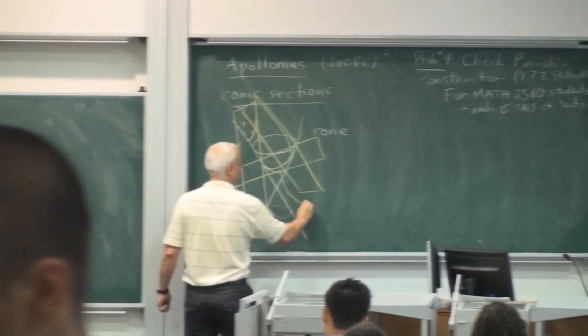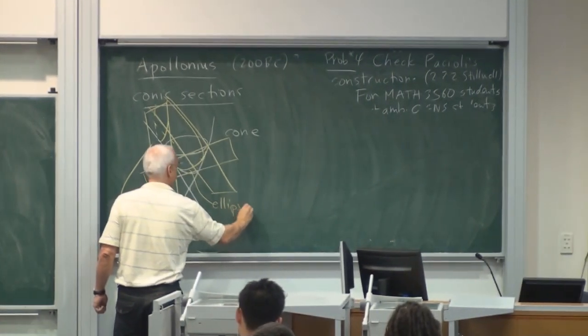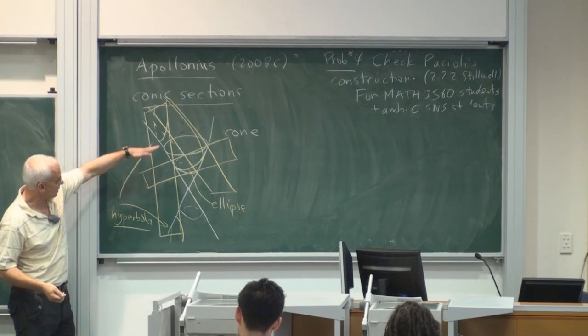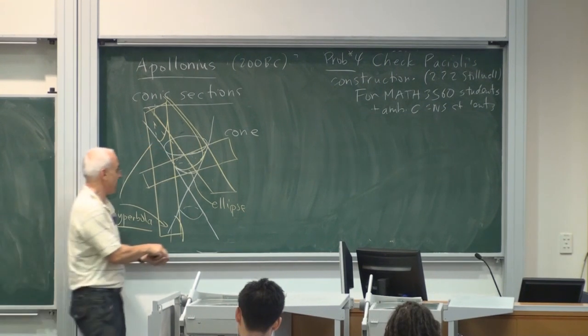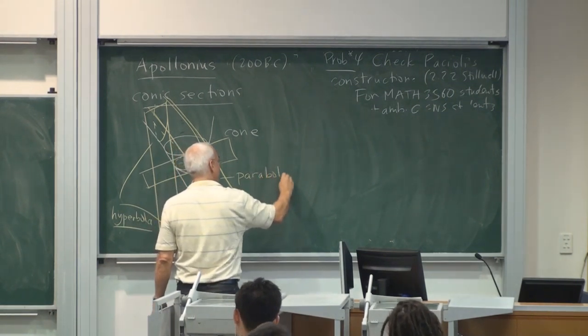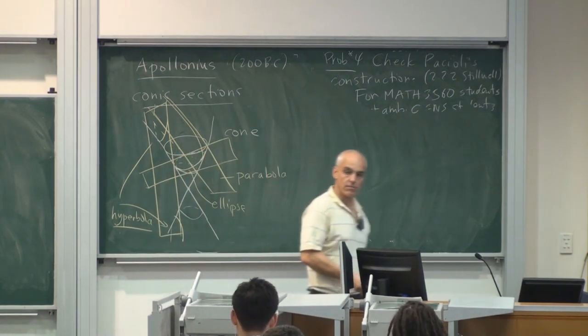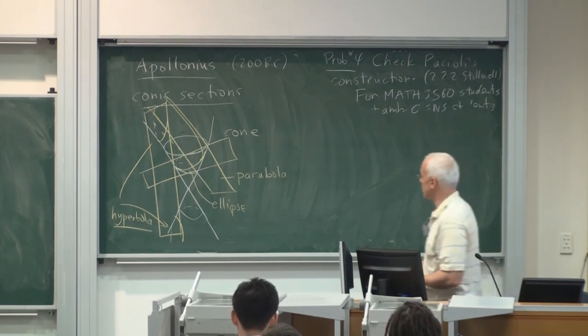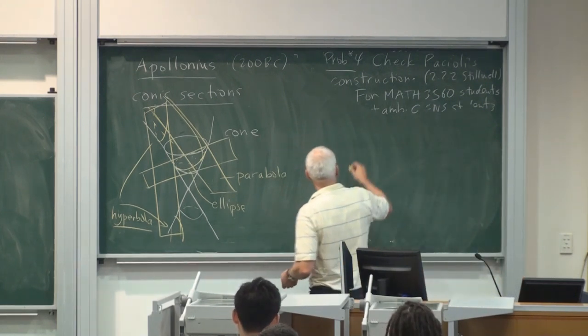The first one was an ellipse. And this special one, halfway between an ellipse and the hyperbola case, that's the parabola. So that was where the conic sections came from.